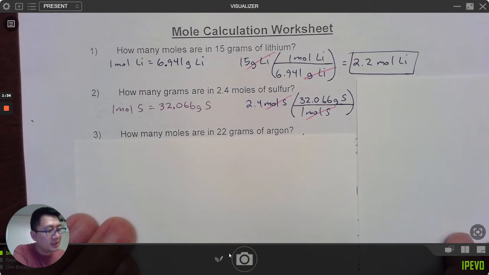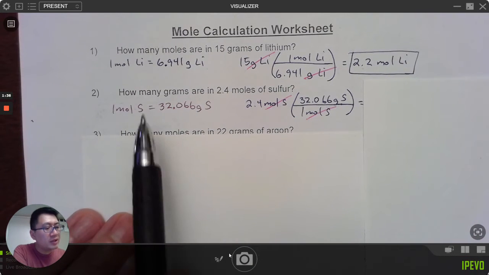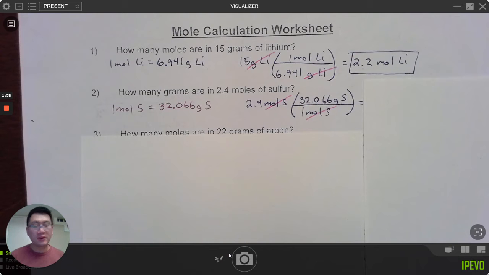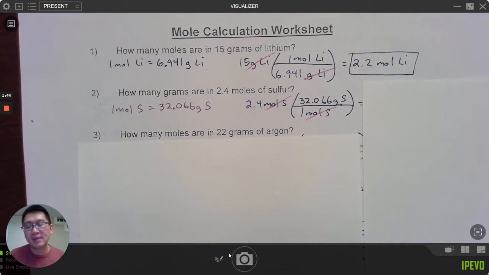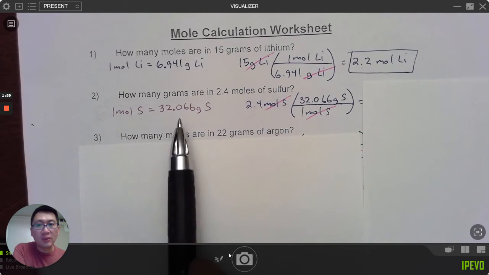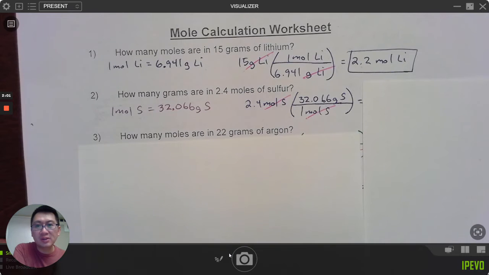Next question says, how many grams are in 2.4 moles of sulfur? From the periodic table, I know that 1 mole of sulfur is 32.066 grams. If you looked at other periodic tables, it might say 32.07, and that's purely a rounding thing, so don't worry about that too much. Some periodic tables are rounded. The one on the wall says 32.066 grams.